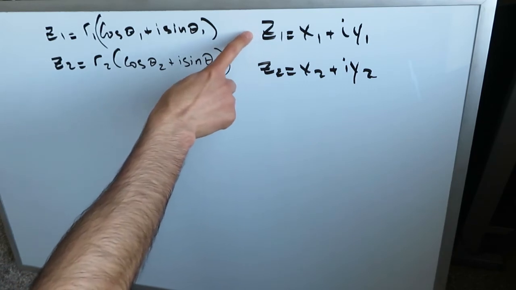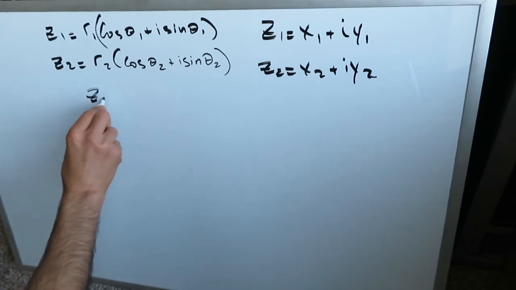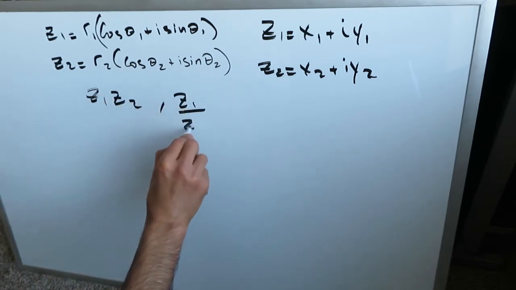Now that we know how to convert this into this form, we're looking at operations involving z1 and z2. z1 is an independent polar form of some complex number, and z2 is another independent form of another complex number. Our goal is to learn how we do z1 times z2 and how we can do z1 divided by z2.